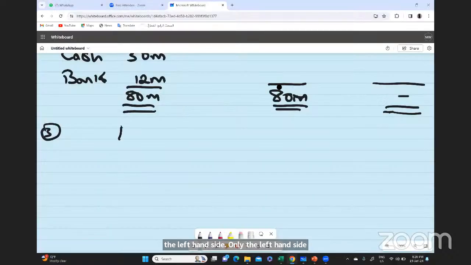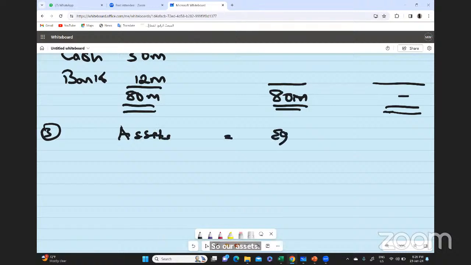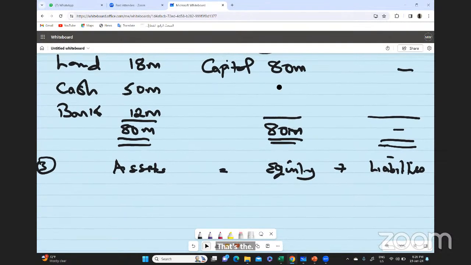So our assets are equal to equity plus liabilities. I think our land stays. We still have our land in our business of 18 million.